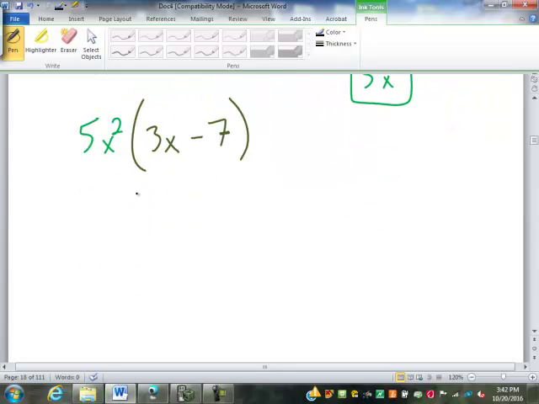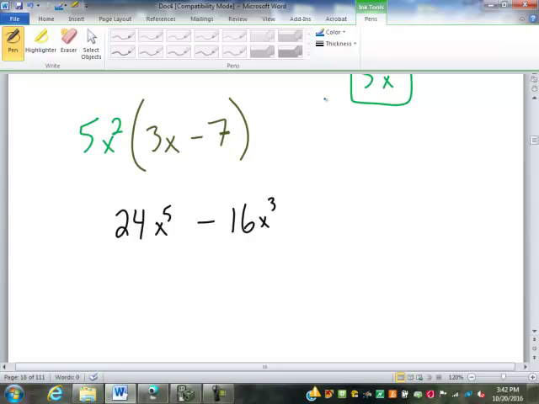So let's take a look at another example. Let's say we have 24x to the fifth minus 16x to the third. So looking for a greatest common factor, we're looking at the numbers.